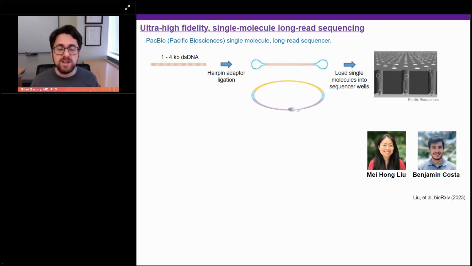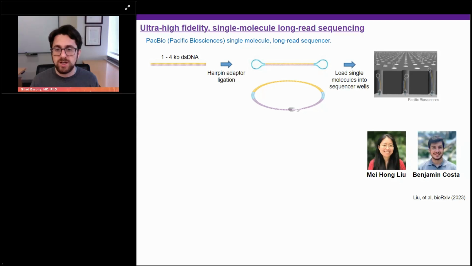We reasoned that we could take long reads, long pieces of DNA that are long relative to standard short reads, but actually are shorter relative to standard long read sequencing that usually sequences DNA that's about 20,000 base pairs in length. Instead, we process DNA that's 1 to 4,000 bases in length.